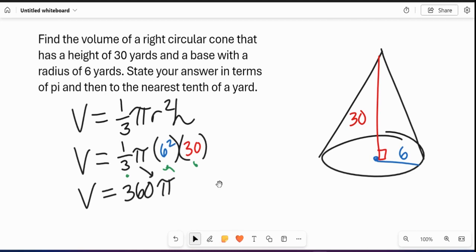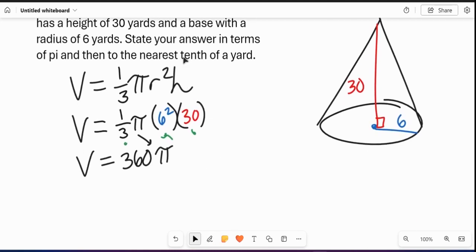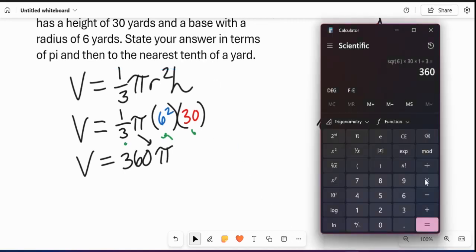Now we're going to round that to the nearest tenth. So 360 times pi, leave that in your calculator, times pi is 1130.97, which bumps it up to 1131, because if I bump the 9 up to a 0, that bumps up the next number.